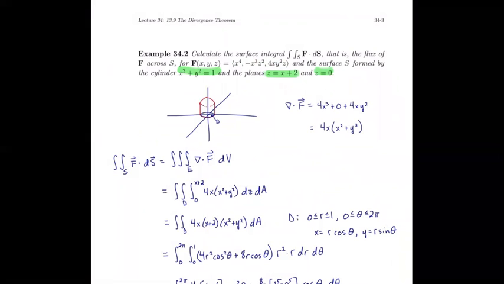So z equals 0 is just a disk in the xy plane. That's down here. Now, what's going on up top on the cap of this cylindrical region is it's angled downward. So it starts here and it cuts downward into the page away from us as we look at it. It's sort of hard to draw that.